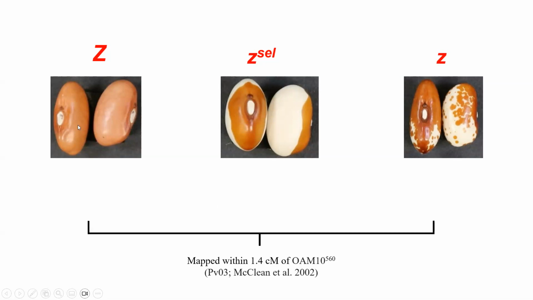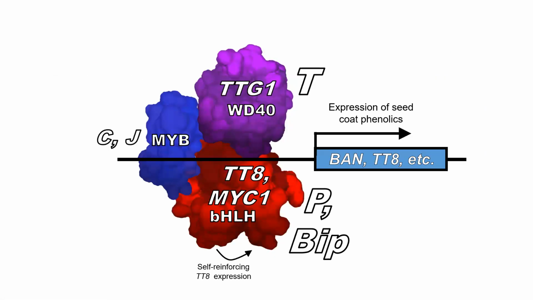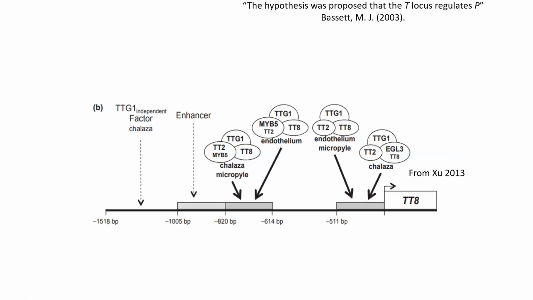The difference between Z, big Z, and small z was mapped to chromosome 3, pretty close to an old SCAR marker. And then we were hypothesizing, is it possible maybe this is related to the MYB family transcription factors or something else?